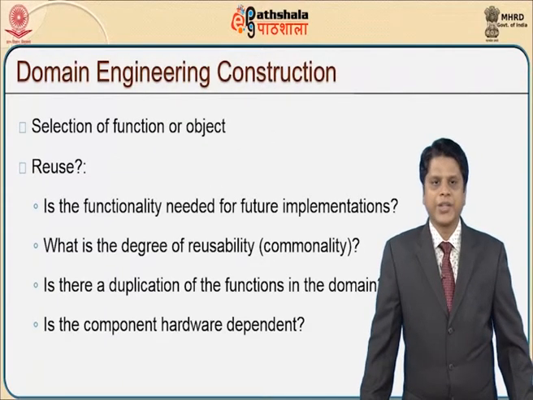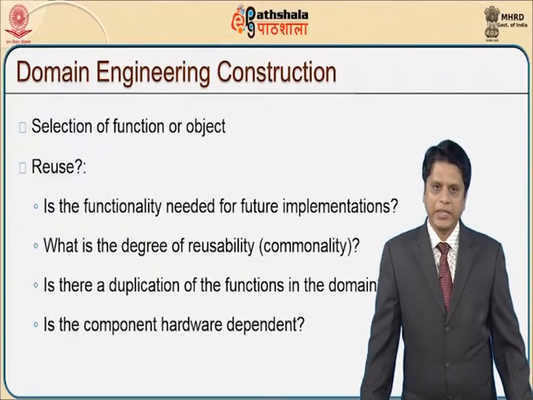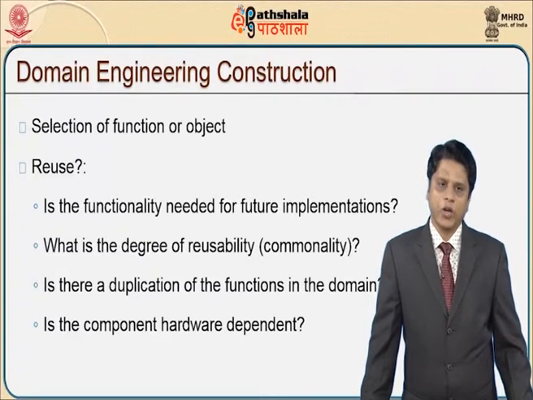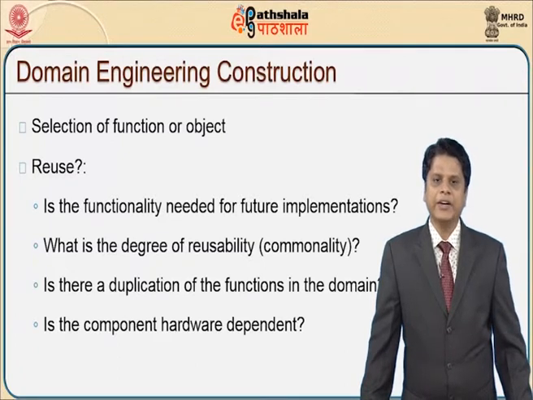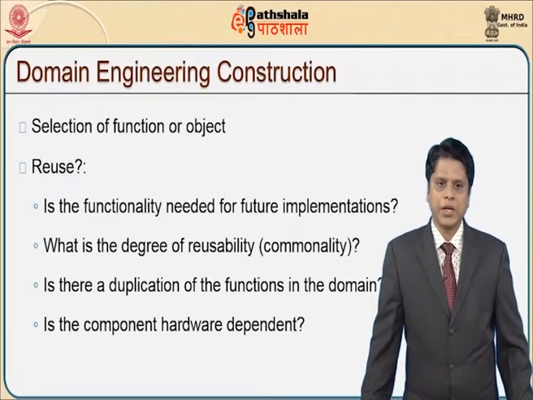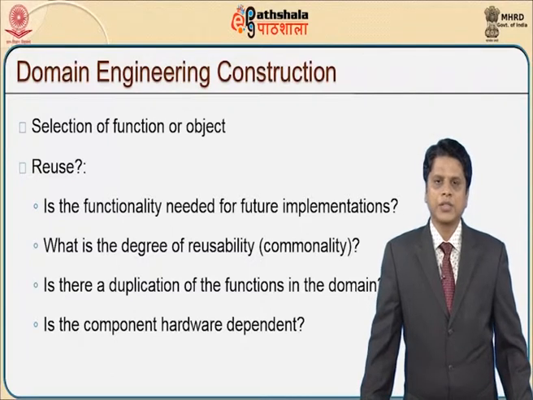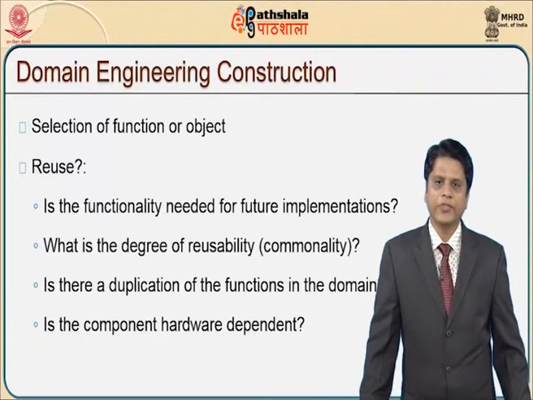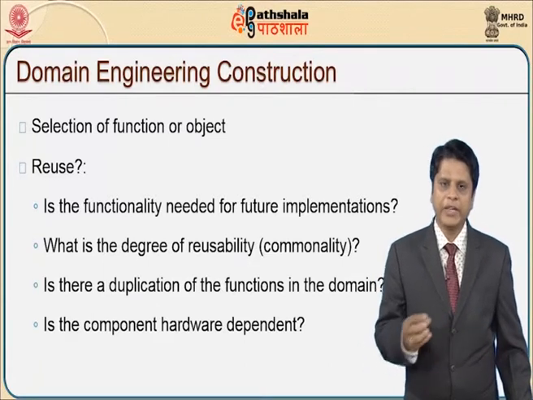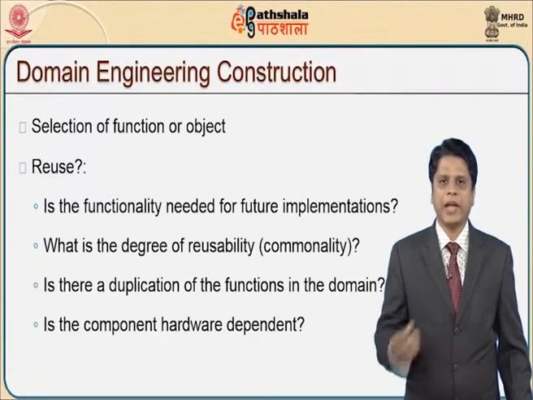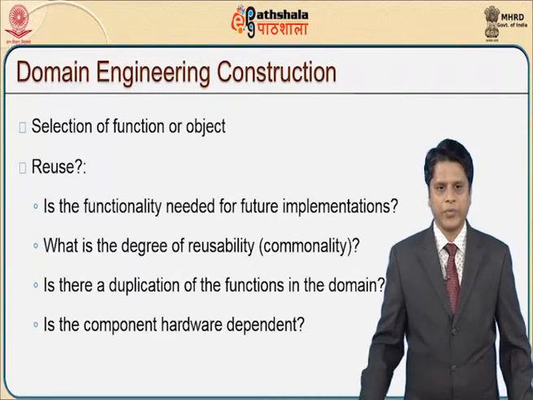This is for domain engineering construction, where we may have to select a function or an object. So, what is to be reused? Is the functionality needed for future implementations? What is the degree of reusability? Sometimes we may have to assess how much percentage of work is to be reused, or the degree of reusability or commonality of features that this system will have from earlier versions of the software.